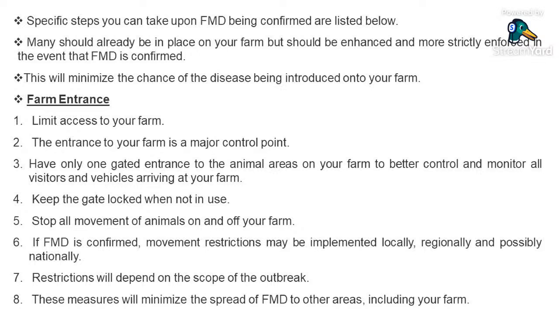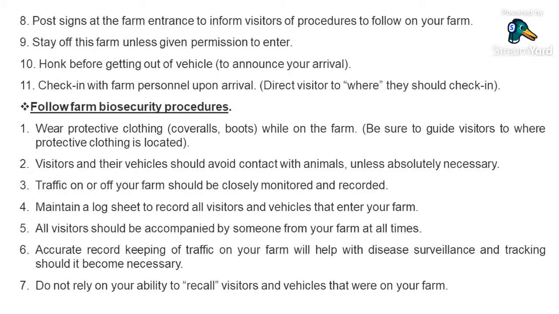Stop all movement of animals on and off of the farm. Whenever FMD is confirmed, movement restrictions should be implemented locally, regionally, and possibly nationally, so as to restrict the movement of the animals. Restrictions will depend on the scope, how much it has spread, and these measures will minimize the spread of FMD to other areas, including your farm.